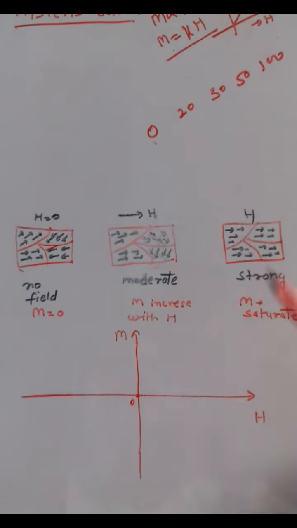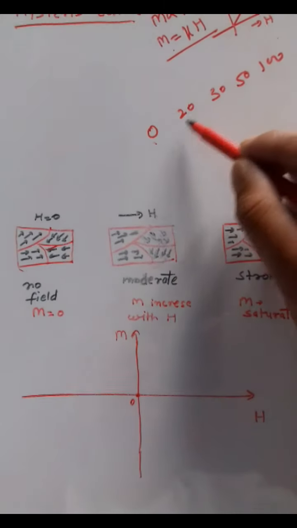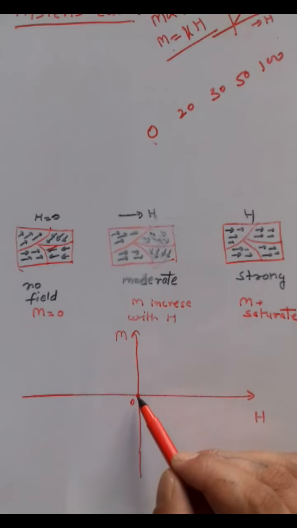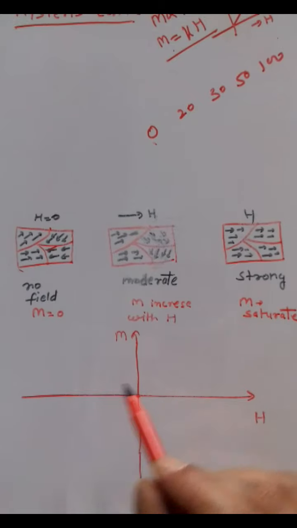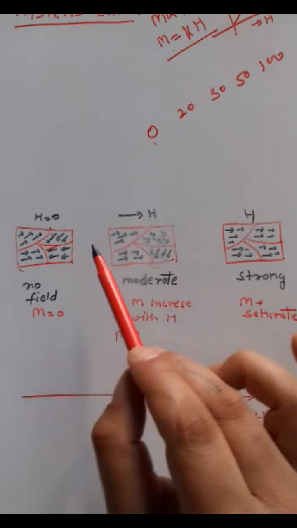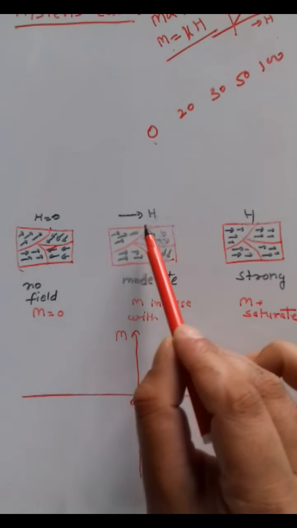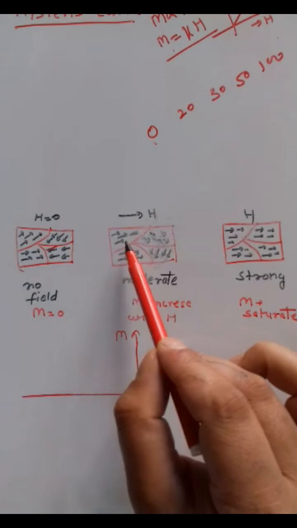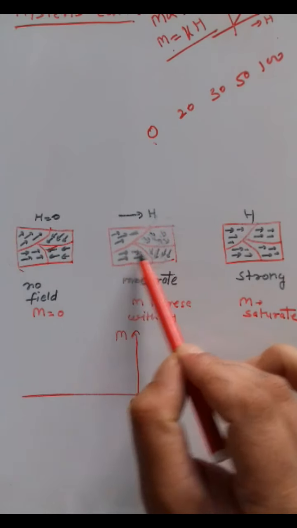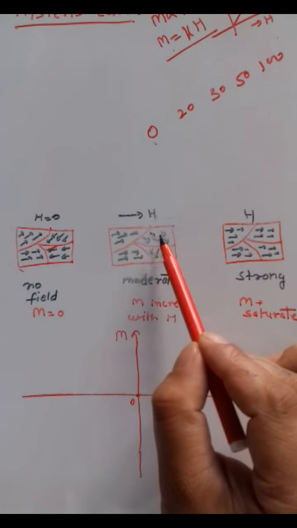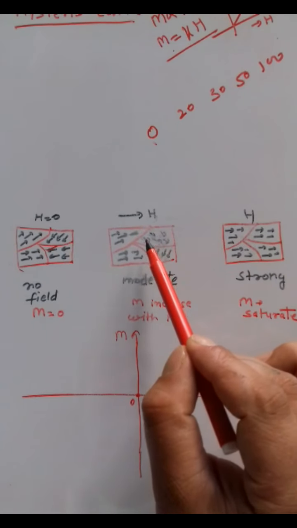Now we have increased the external field up to 20 unit. As we increase the external field, due to this external field, a torque will act on these different atomic dipoles.